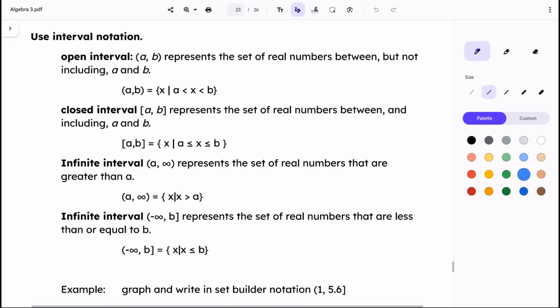So it could be up to a certain number, but it can't actually equal that number, or it could be smaller than that number, but again, it cannot ever equal the number because it doesn't have that equal sign in the symbol.